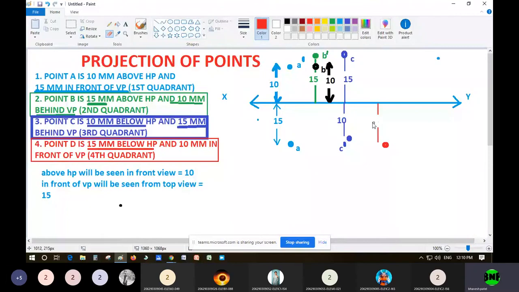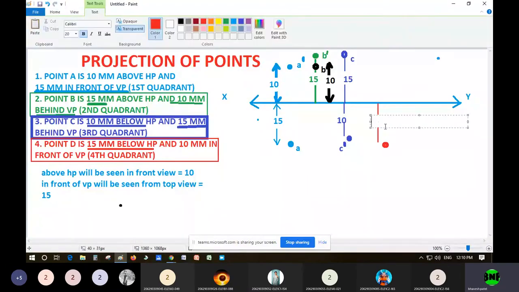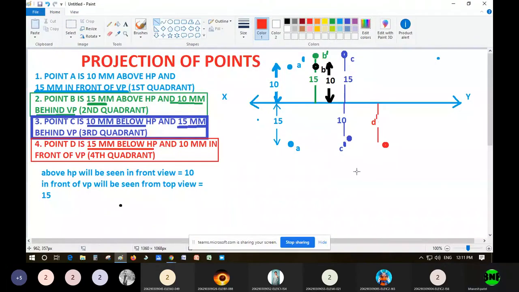So this is D. So the point will be D dash, because the distance will be seen from the front view. Remember, above and below distance will be seen from the front view. Okay, so this D dash, actually it should be written here. Right, so here.